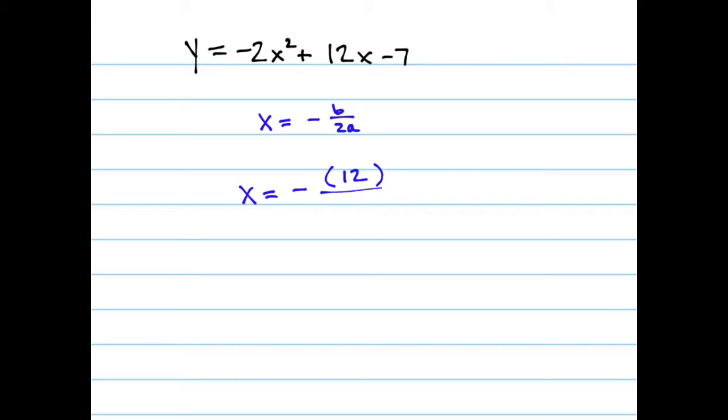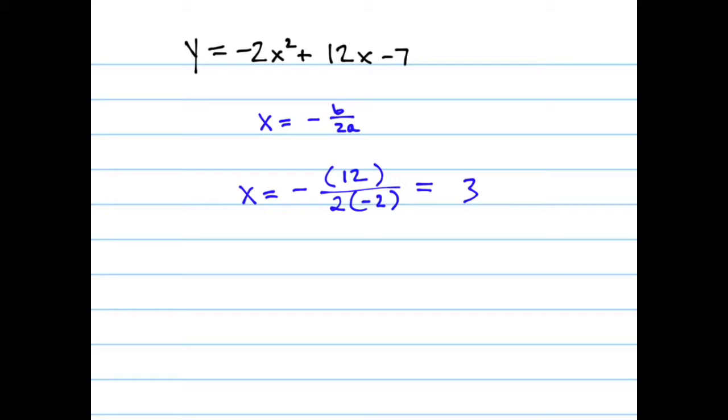Not the x, just the coefficient, 12. What is a? Negative 2. What do I get when I simplify that? 3. The negative 12 over negative 4 gives us positive 3.